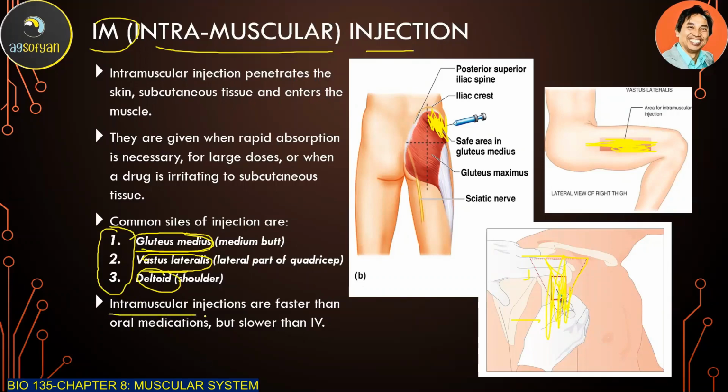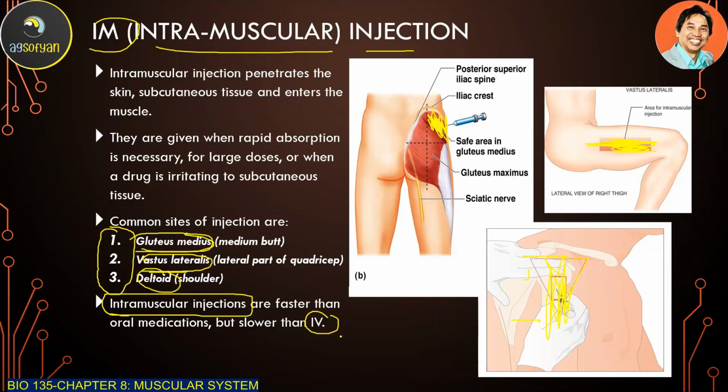Intramuscular injection is actually very good because it is able to deliver the medicines, the chemicals, faster than oral tablets or pills. However, it is less effective compared to IV. But IV is very difficult, nobody wants to get IV over and over.